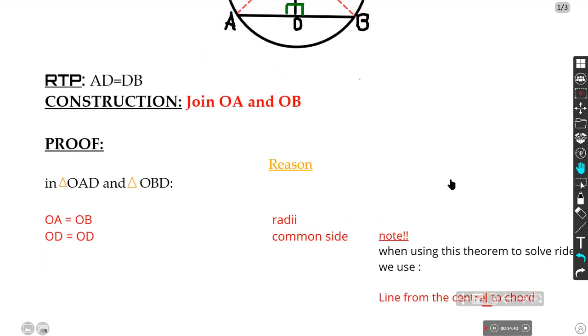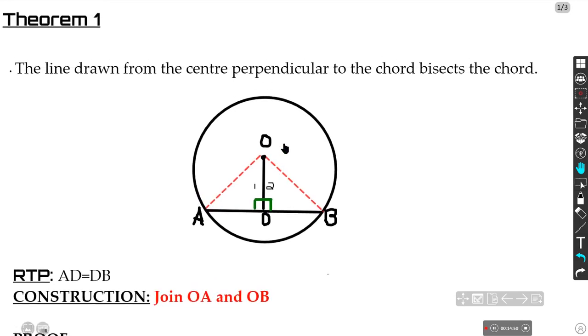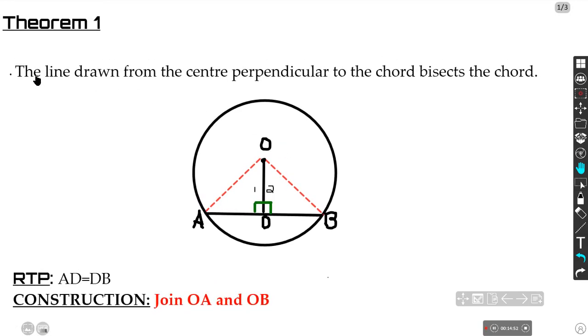Okay, now remember, we are left with one thing to prove. Not necessarily one thing, but okay. And then what else do you notice about this triangle? Can you see that? Now, this is theorem number 1. Let us read. The line drawn from the center perpendicular to the chord. Now I'm going to highlight this, perpendicular to the chord. Remember, if you hear a word like perpendicular, it means there's 90 degrees.